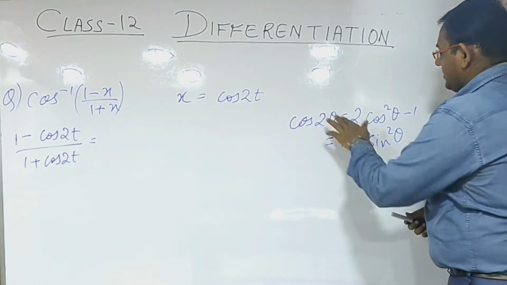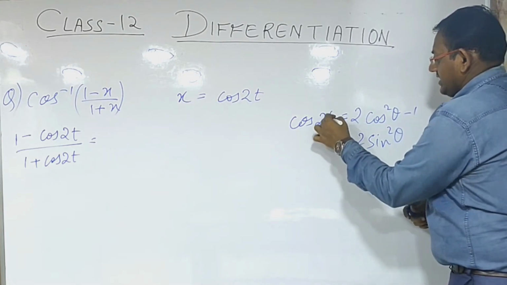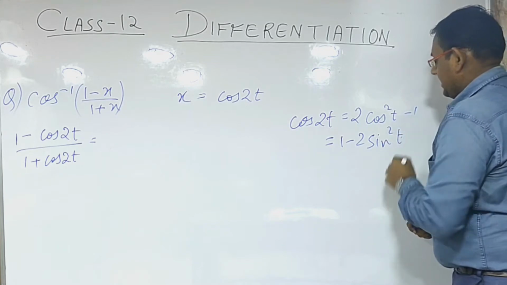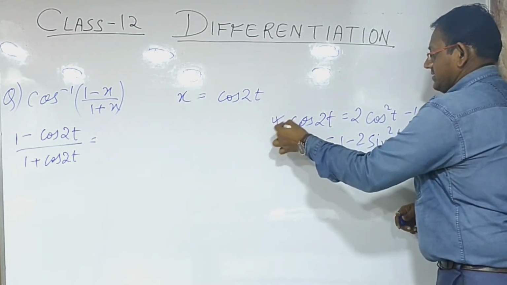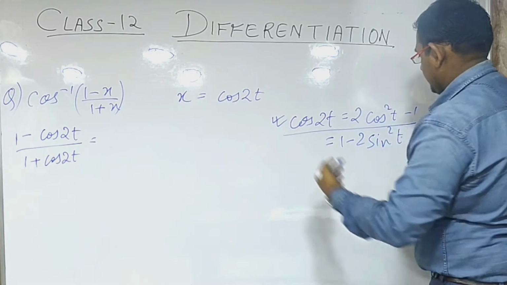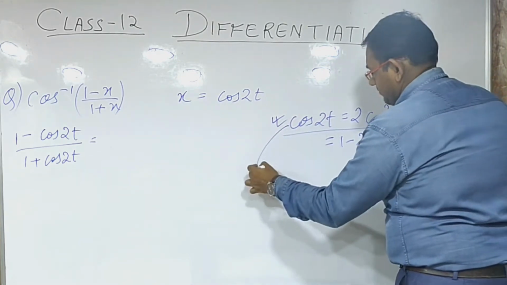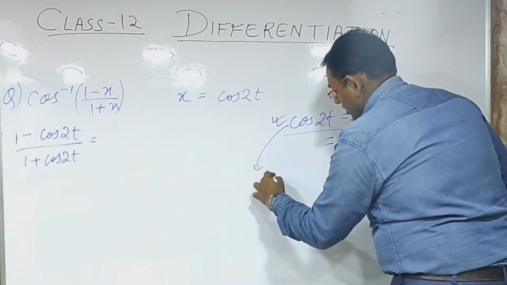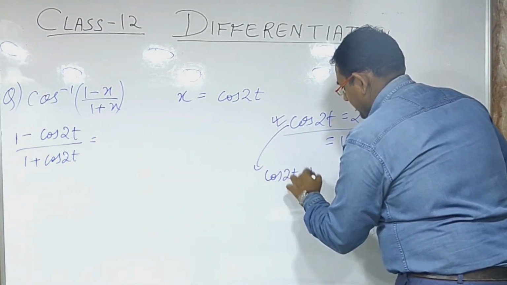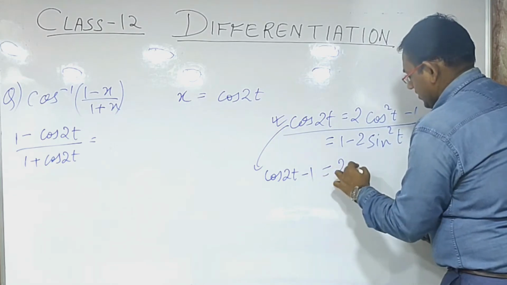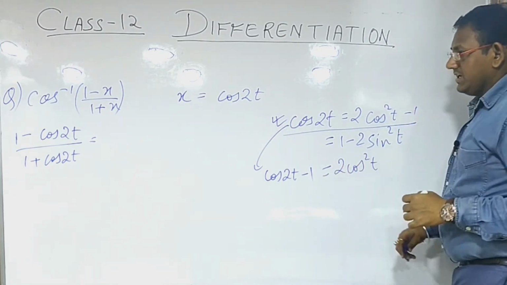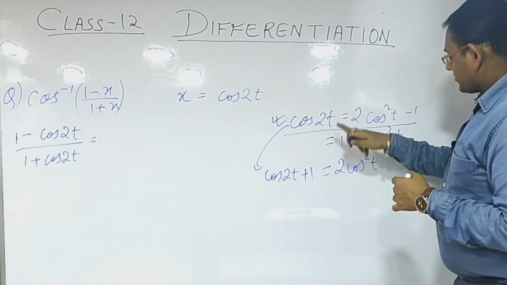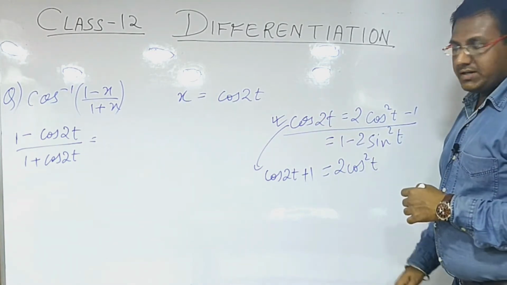Instead of theta, let us write 2t here and t over here. With the first part, if I simplify this further, cos 2t plus 1 will be equal to 2 cos square t.